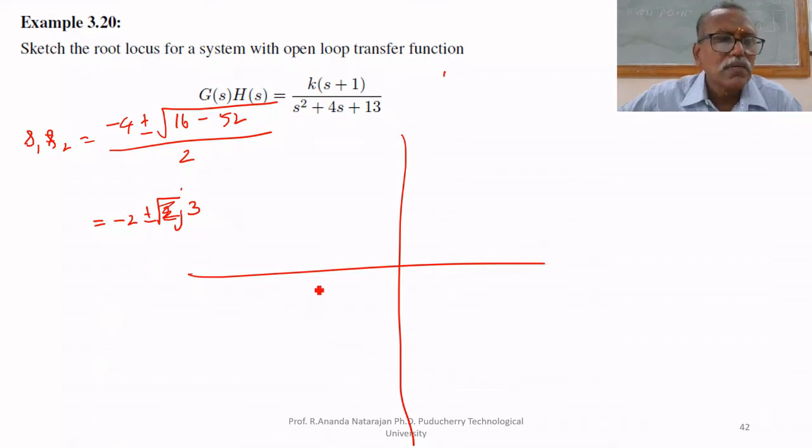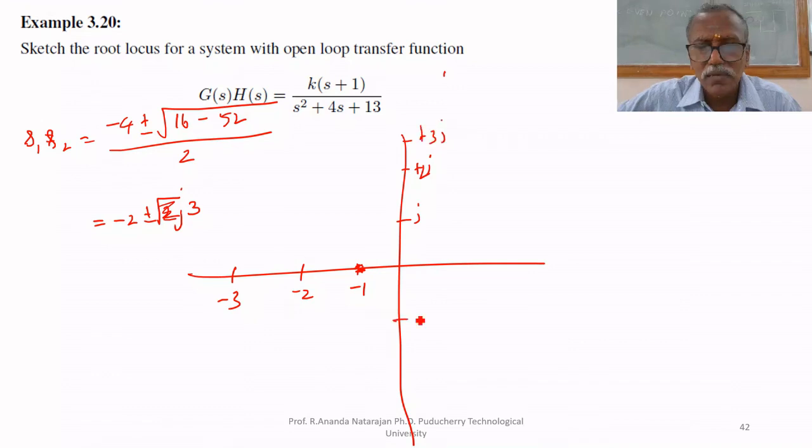On the axis we have minus 1, minus 2, minus 3, and j, 2j, 3j, minus j, minus 2j, minus 3j.